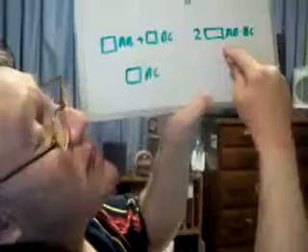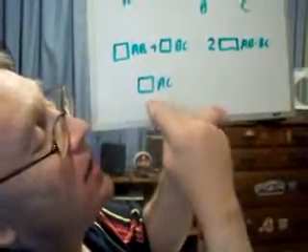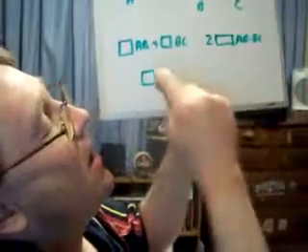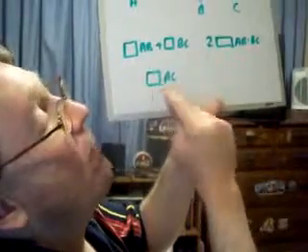So twice the area of AB and BC is actually the square of AC. Okay? And this is by Euclid Book 2, proposition number 4. Is incommensurable with the rectangle AB and BC.